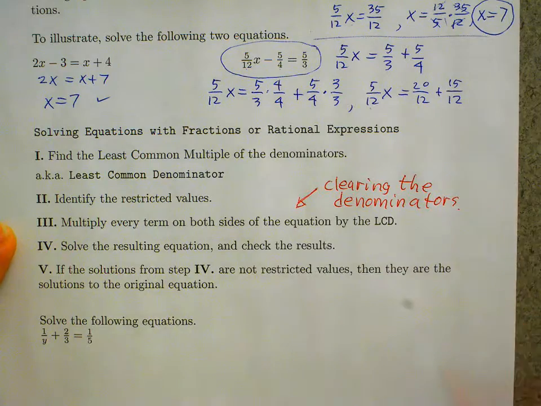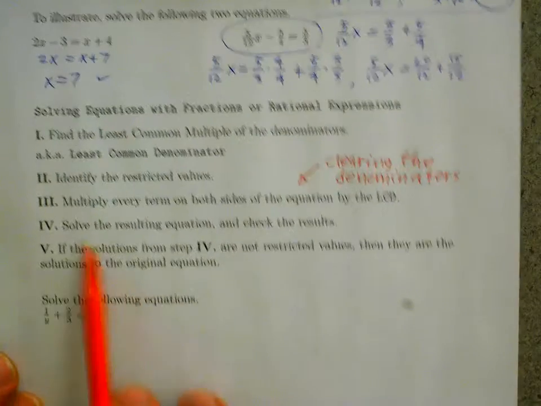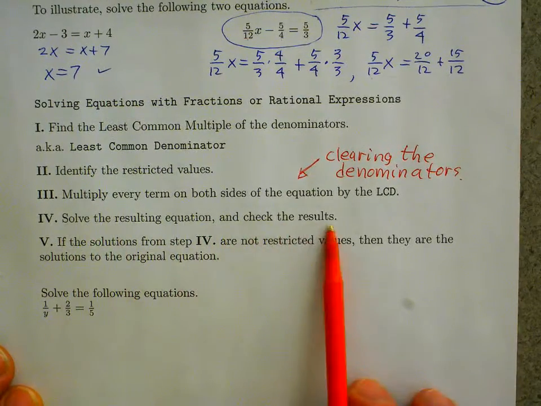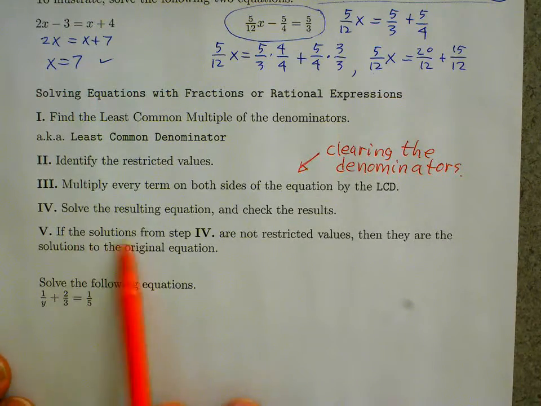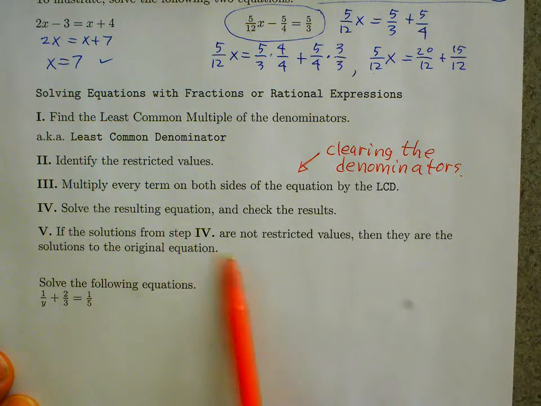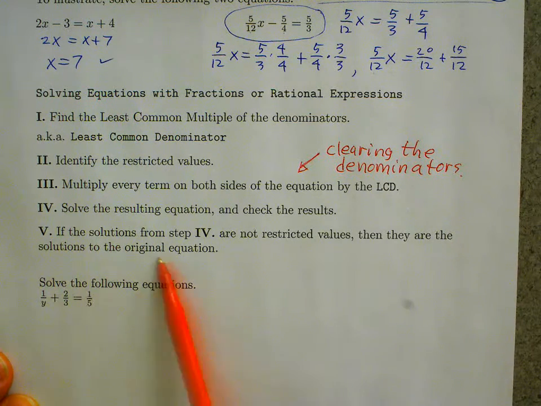Another way to describe it is if you multiply every term on both sides of an equation by the least common denominator, you will reduce every denominator to a factor of 1. Okay, then solve the resulting equation and check the results. And if the solutions from step 4 are not restricted values, then they are the solutions to the original equation.